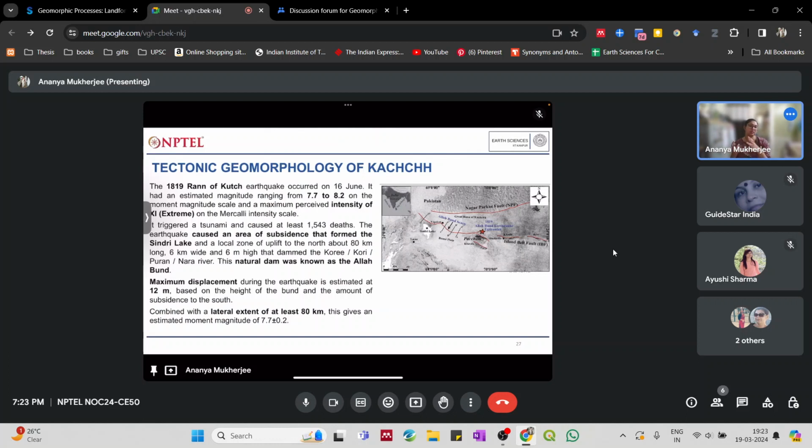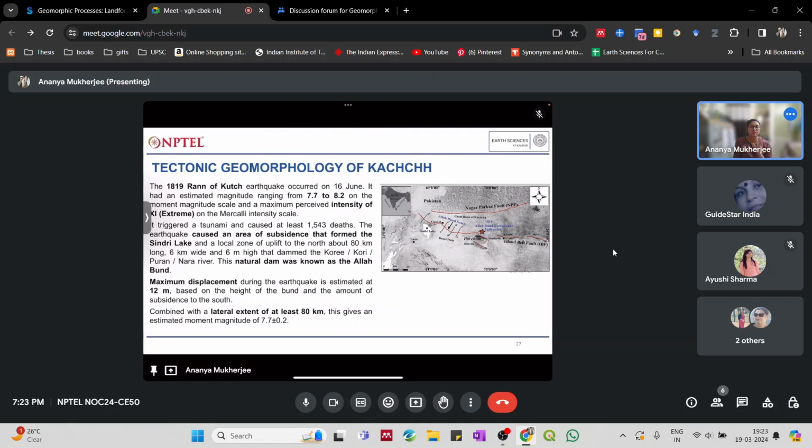the past earthquake events that might have happened in the Kutch region itself. In 1819, one of the earthquakes that was recorded was of a magnitude of 7.7 to 8.2, and the intensity of this earthquake was also extreme.